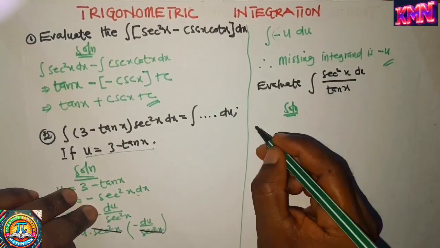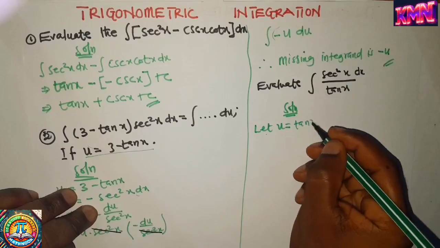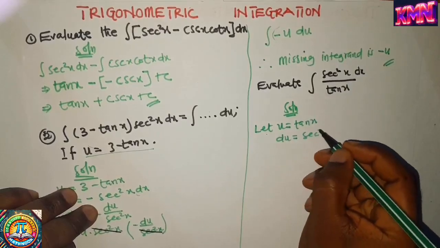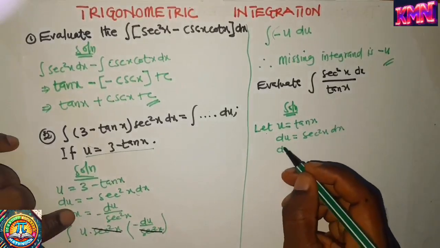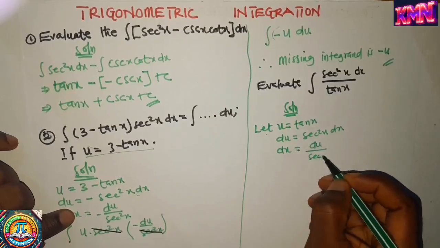So let's do that. Let u equals tan x, then du is equal to sec square x dx. Making dx the subject, we have dx to be du on sec square x.